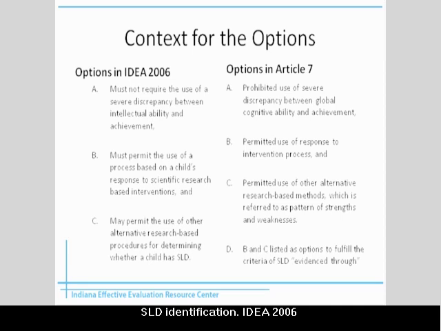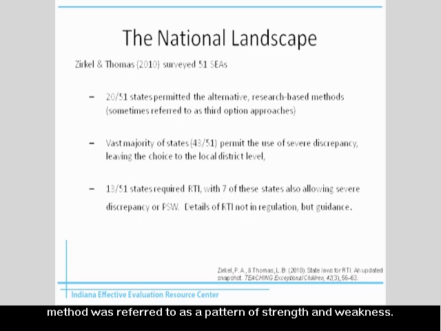IDEA 2006 required that states must permit the use of a response to intervention process, and it also allowed states to permit the use of alternative research-based procedures for SLD identification. So Article 7 accordingly permitted the use of both of those options, and in Article 7, the alternative research-based method was referred to as a pattern of strength and weakness.